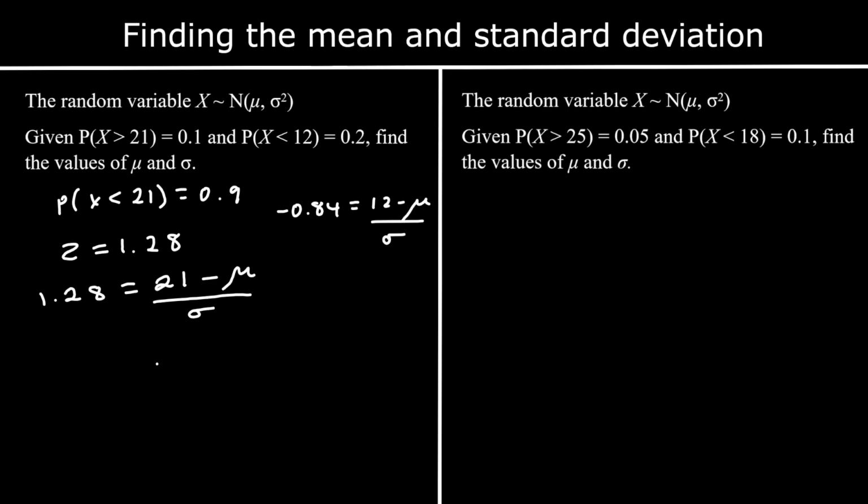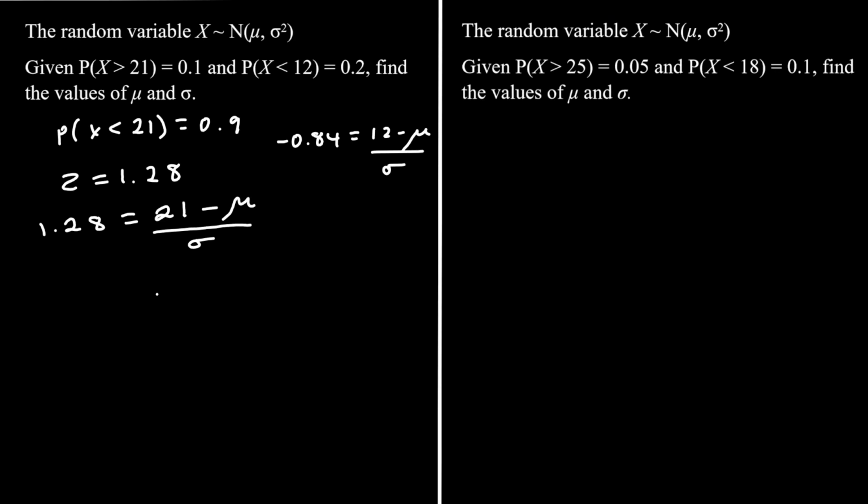So now we've got 2 equations with 2 unknowns. They are simultaneous. If I times both by standard deviation, 1.28 times standard deviation equals 21 minus the mean, or 1.28 standard deviation plus the mean equals 21.